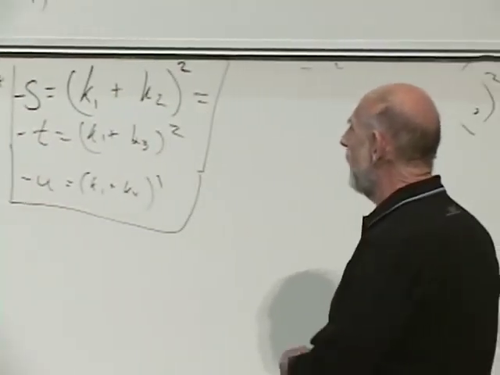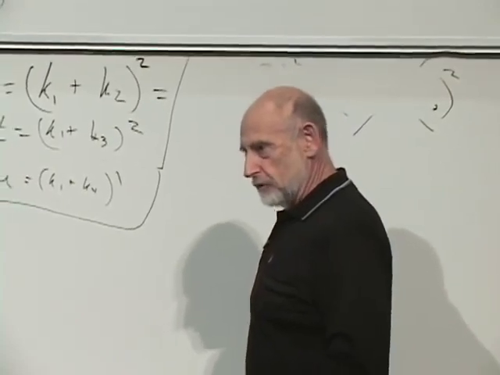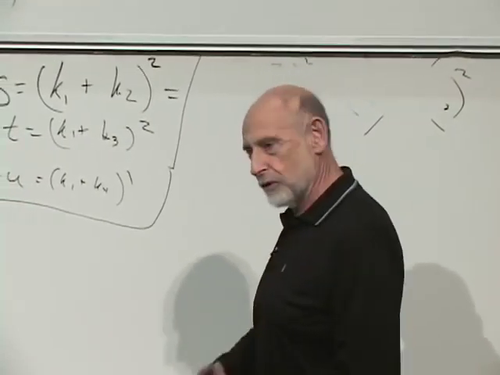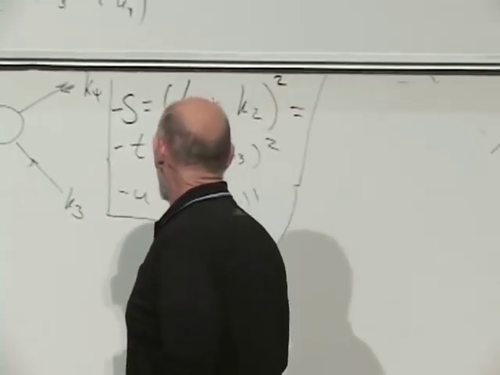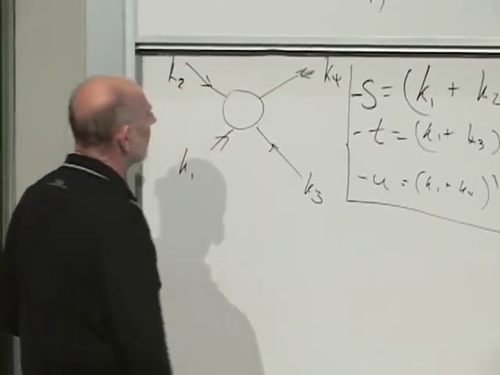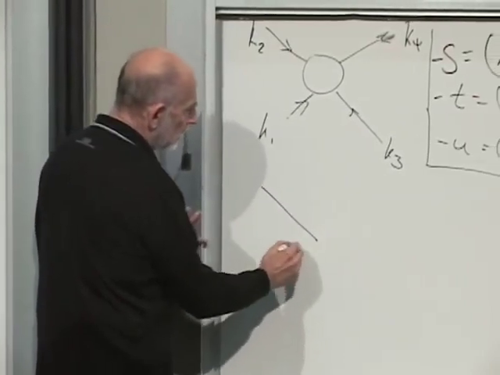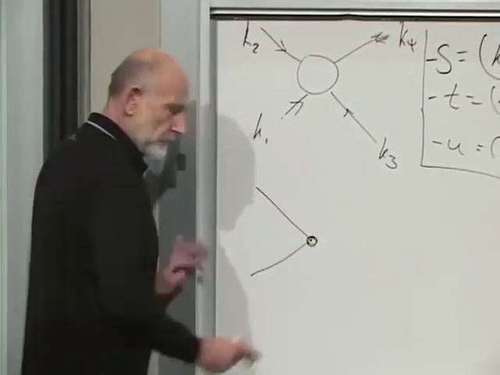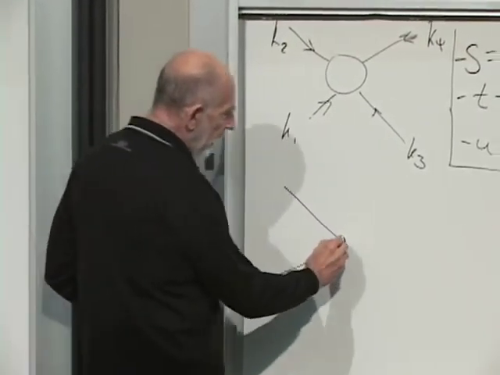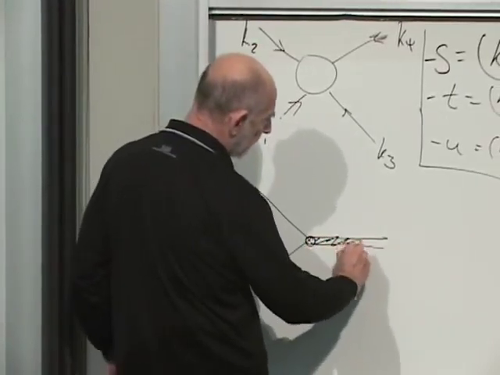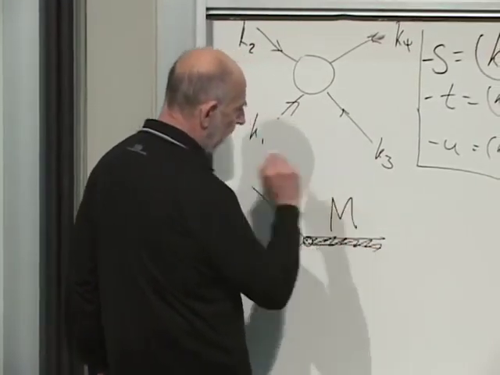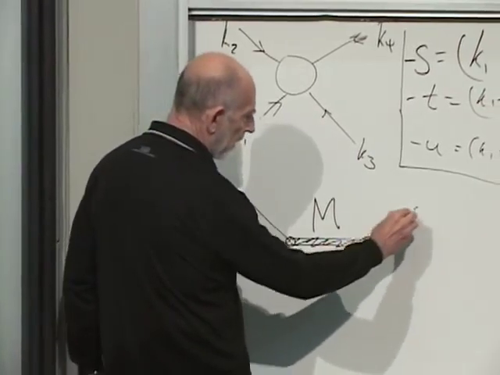Now let's talk about Feynman diagrams for a moment, and I'll just tell you what the answer is for certain Feynman diagrams. Let's suppose two particles collide. This is a Feynman diagram. Create a third particle of a different mass in here. Let's call it capital M, and then those particles go out like this.